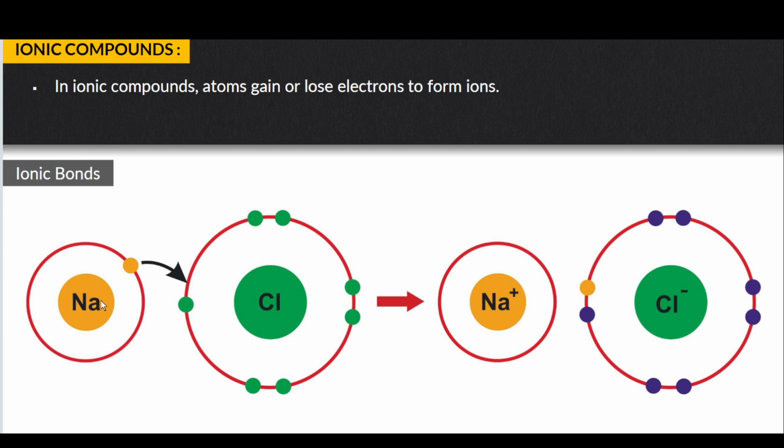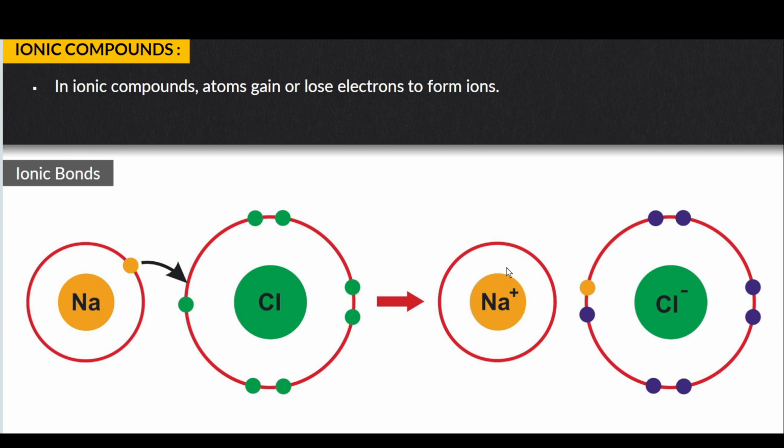And when sodium is losing an electron, because electron is negatively charged, right? Because sodium is losing negative charge, it will become positive, right? We know in an atom the number of electrons and protons are equal, right? Suppose here, if it is losing one electron, it is just losing negative charge, and it will be having one more positive charge than negative.